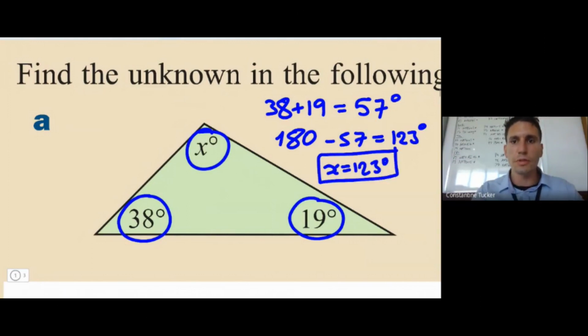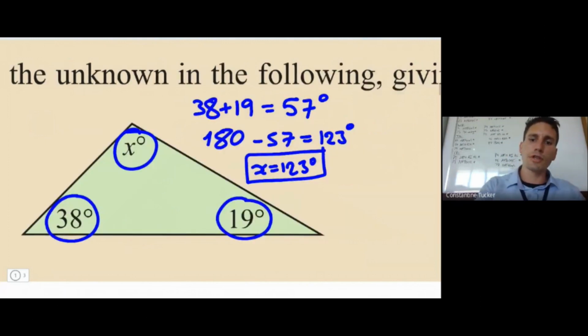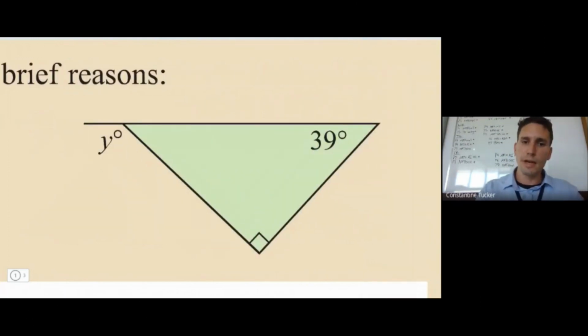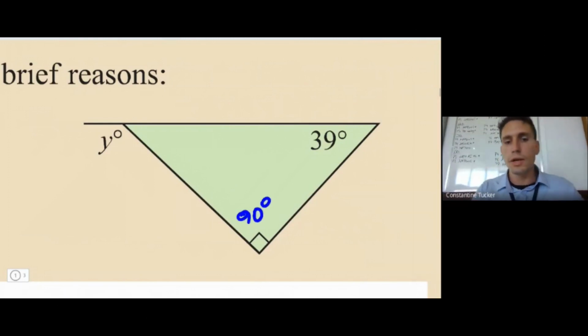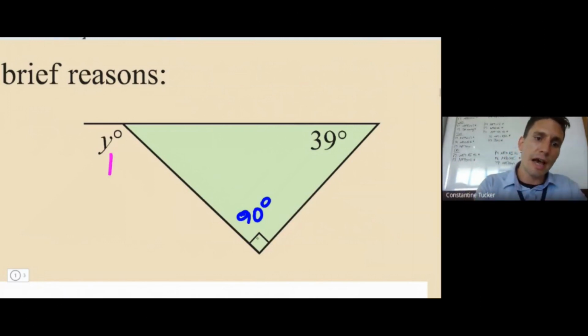So that's super simple. Let's move on to another example. So let's say you've got this problem right here. Notice we've got a little square given down here. This little square means that that angle is actually equal to 90 degrees. Now notice this angle they've asked us to find is outside a triangle. So this is exterior.